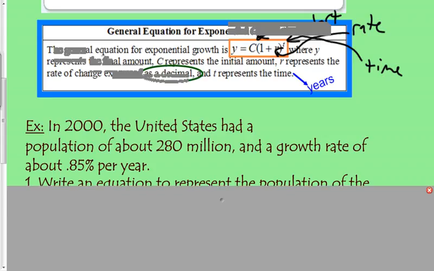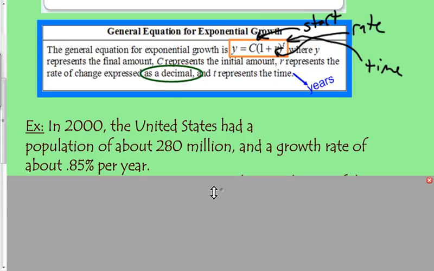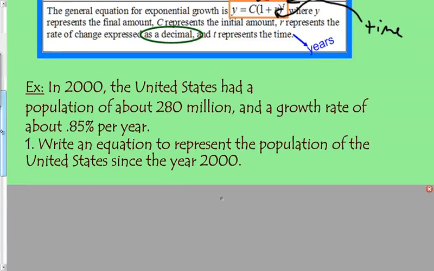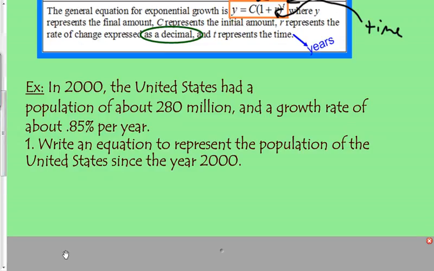So here's an example. It says, in the year 2000, the United States had a population of about 280 million, and a growth rate of about 0.85% per year. So it says, write an equation to represent the population of the United States since the year 2000.